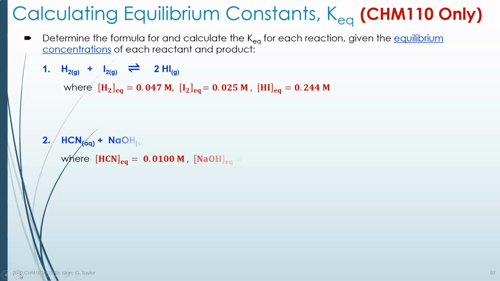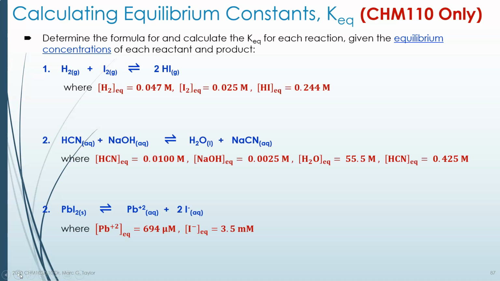So let's look at some actual examples with real numbers here, with real concentrations of each of the reactants and products at equilibrium. So you're asked to determine the formula for and to actually calculate the numerical value of the KEQ for each reaction given the equilibrium concentrations of each reactant and product shown below. We have 3 examples. And the first one is hydrogen plus iodine are in equilibrium with 2 hydrogen iodide gases.